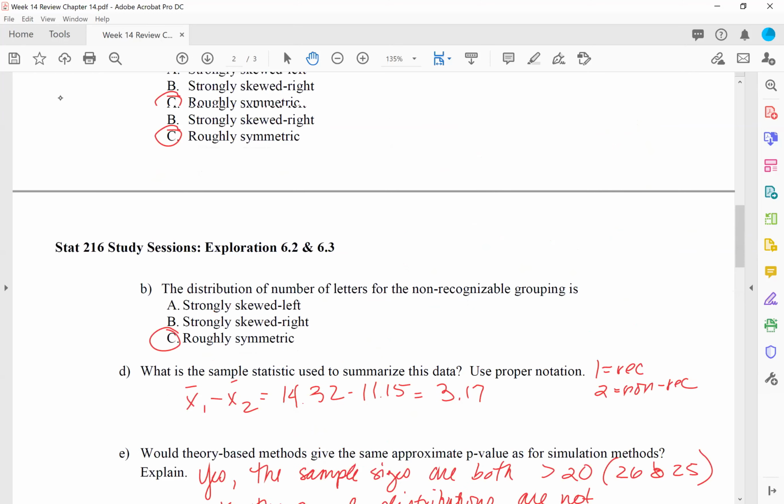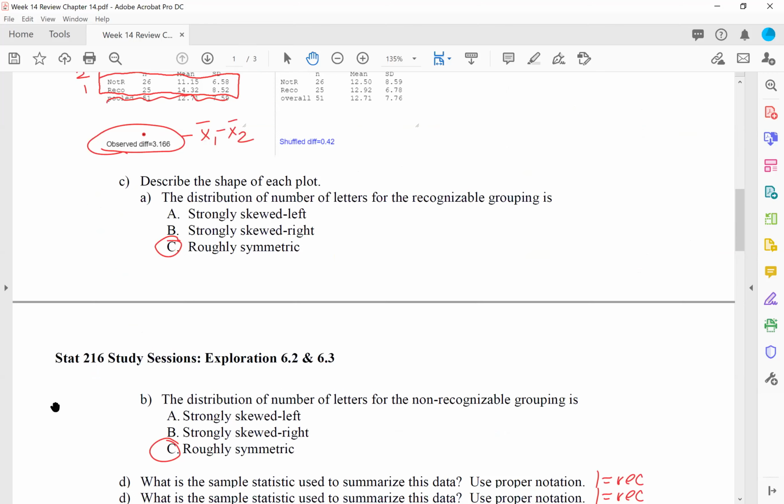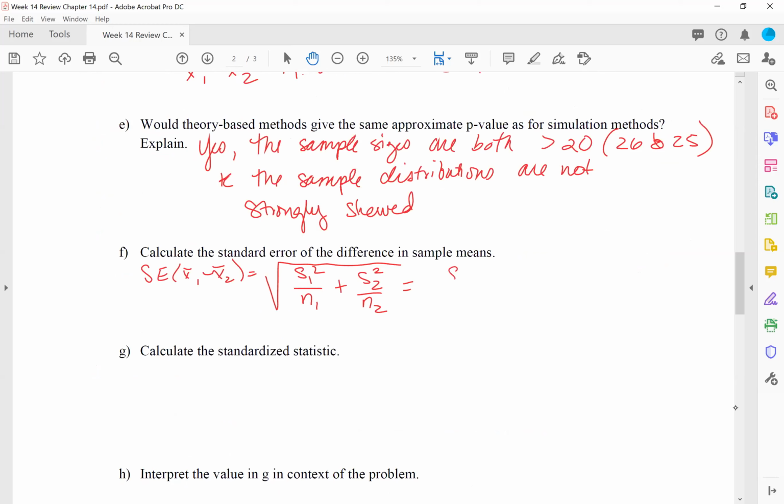So we have the 8.52 and the 6.58, and then our two associated sample sizes, 25 and 26. So we're just going to plug in those different values. And once we sum those values together, you would take the square root of that number.